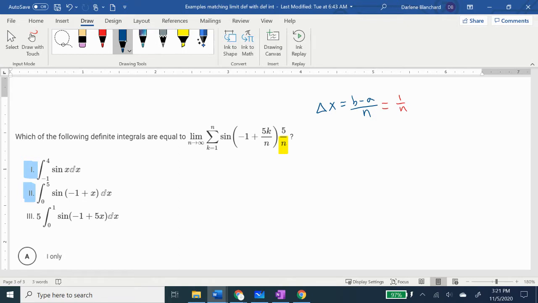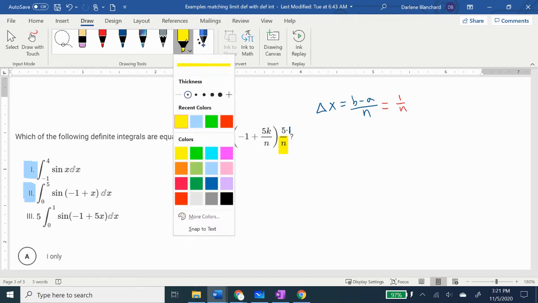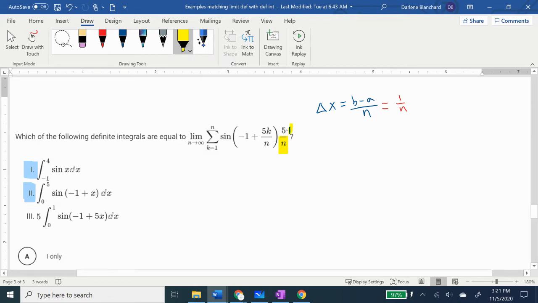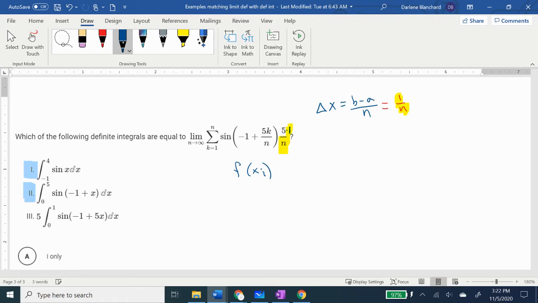So I'm going to emphasize by putting a times 1, and then I'm going to highlight just that little times 1 with the over n. There's my width. That means my f of x sub i that is being multiplied to delta x inside of this limit sigma has to be everything else, including this multiplication by 5 right here.